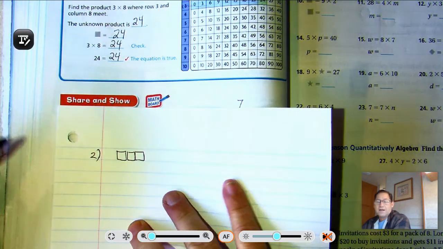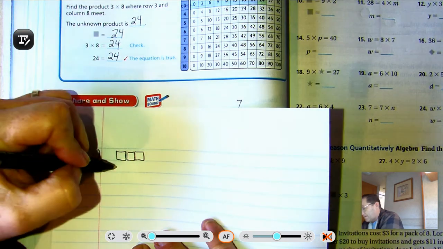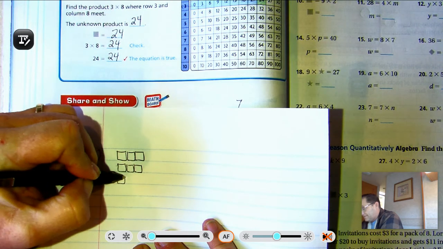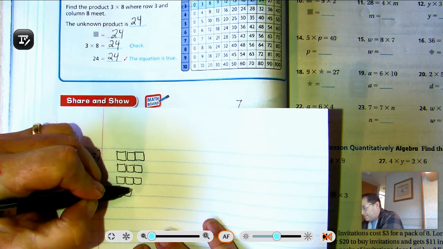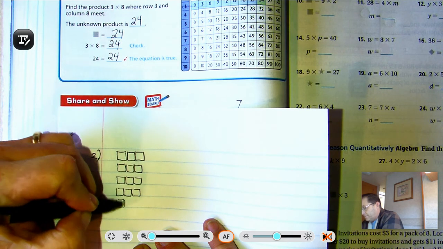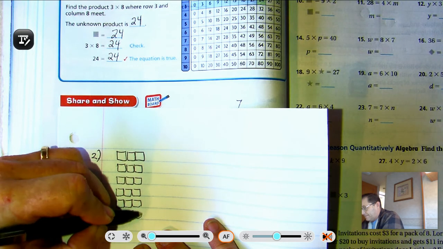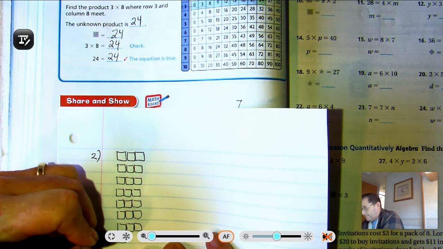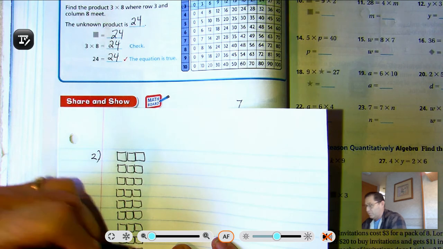Okay, and so I'm going to keep adding rows of 3 until I get to 27. Okay, that's 6, 9, 12, 15, 18, 21, 24, 27.